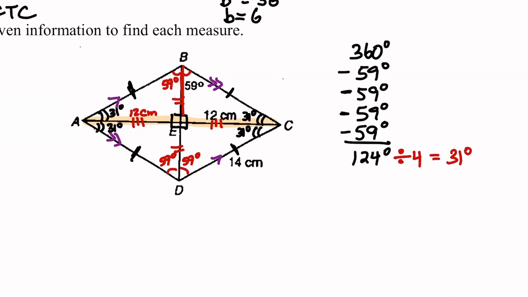Now, I am going to pull out just a single triangle, because we know everything there is to know about this rhombus, except for these 2 vertical line segments here. Because I know the rhombus has all 4 sides congruent. So if this one is 14, then this has to be 14, 14, and 14.